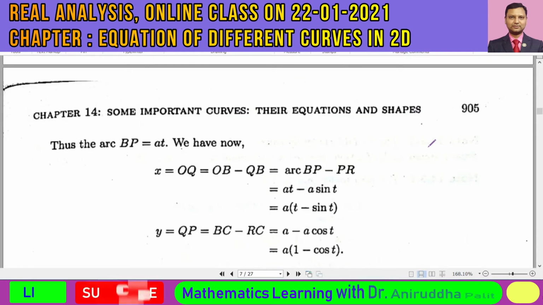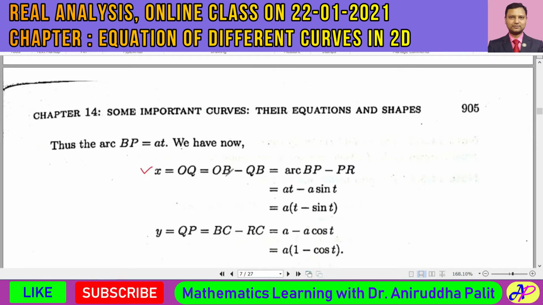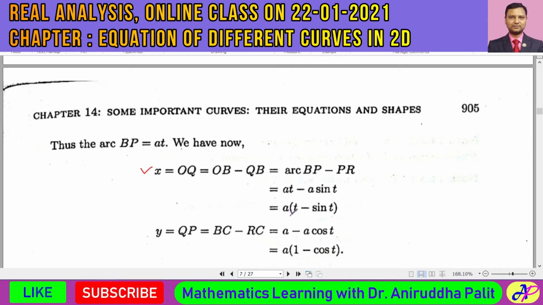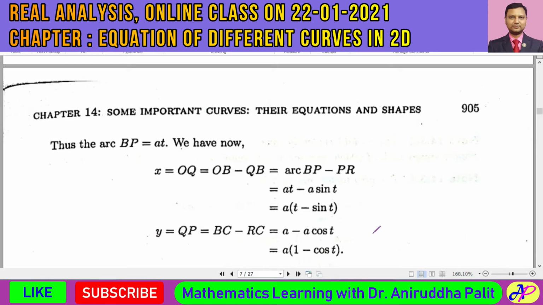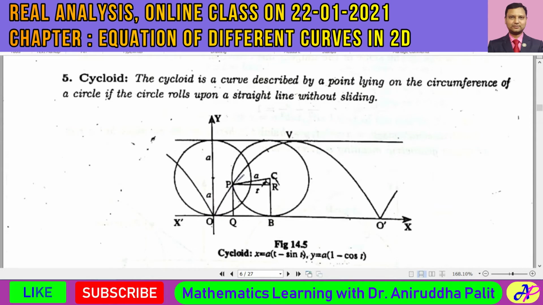Rather, I am going through the parametric representation of this kind of curve. x can be written to be equal to a into t minus sine of t, and y can be proved to be equal to a into 1 minus cos of t. And what is this? This is the curve from O to the point V, and then V to the point O prime, and so on.